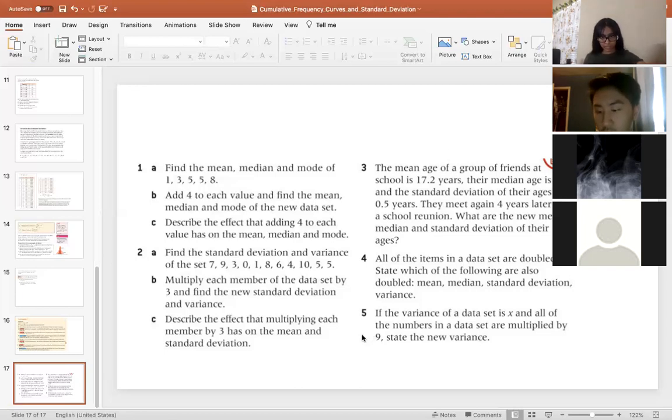So 3 sig figs would be like 2.72, and another example is 0.889. So 3 numbers, yeah. Okay, let me do this problem real quick.